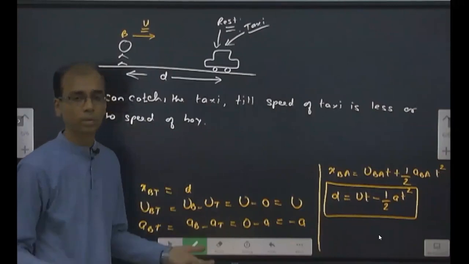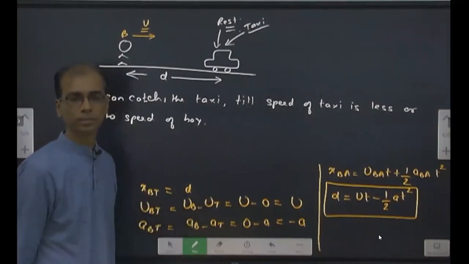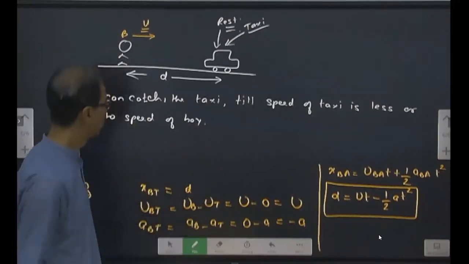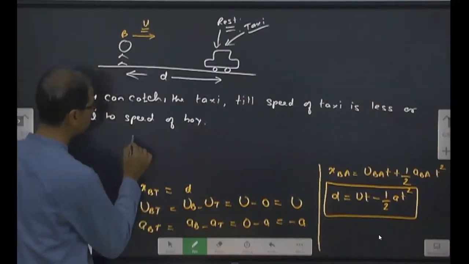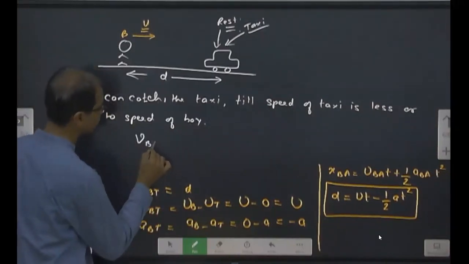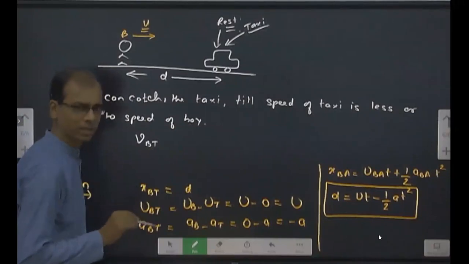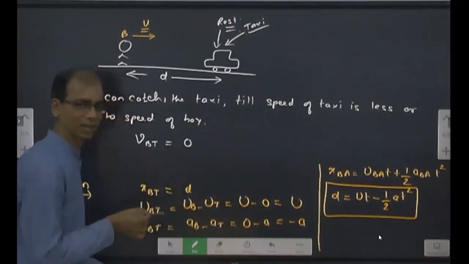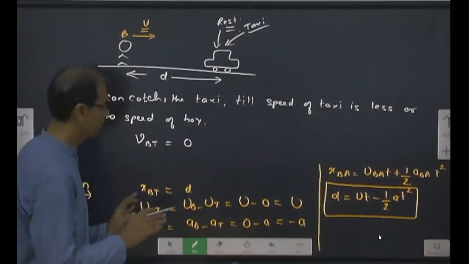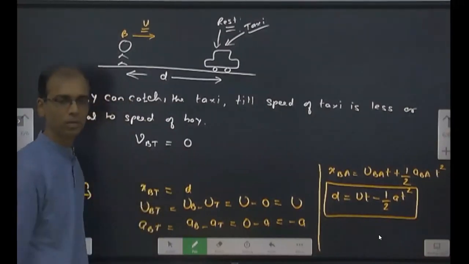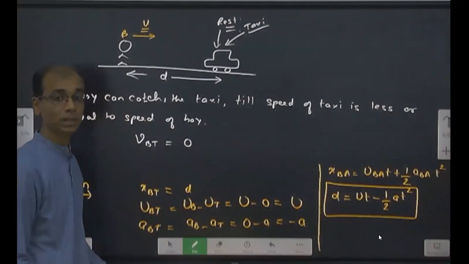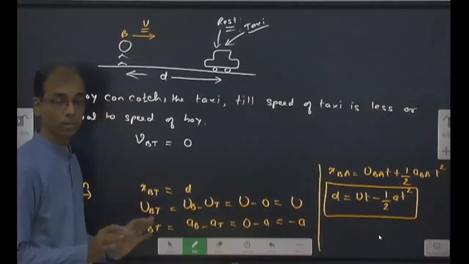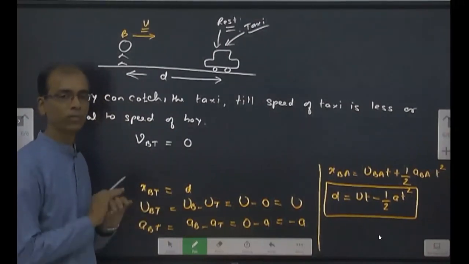Once it becomes more, no chance. So that means final velocity of boy with respect to taxi, maximum, can become 0. Less or equal to 0 we can write, but I'm putting it as 0 right now. Velocity of boy with respect to taxi is 0. Maximum. If it's more than that, forget about catching.